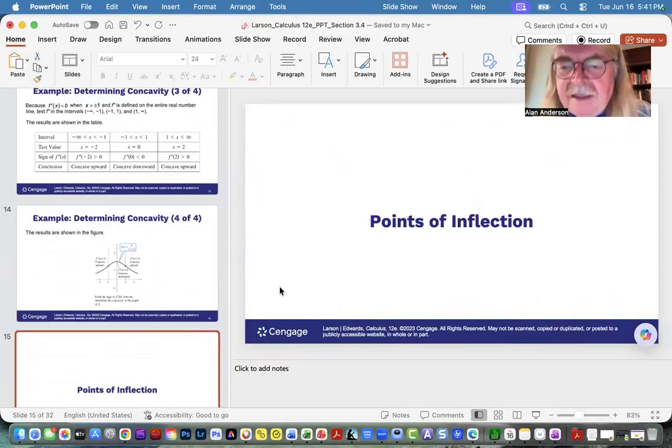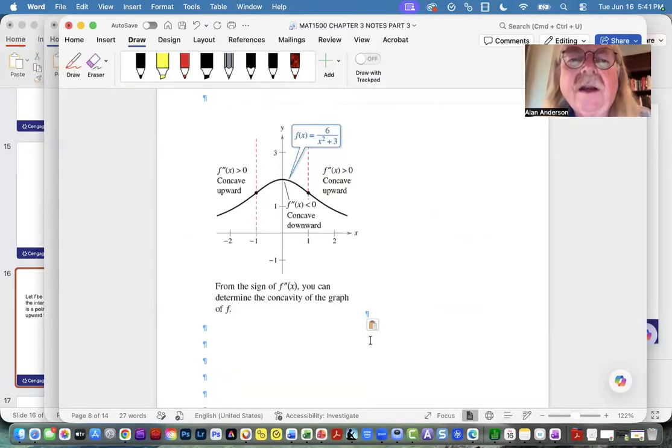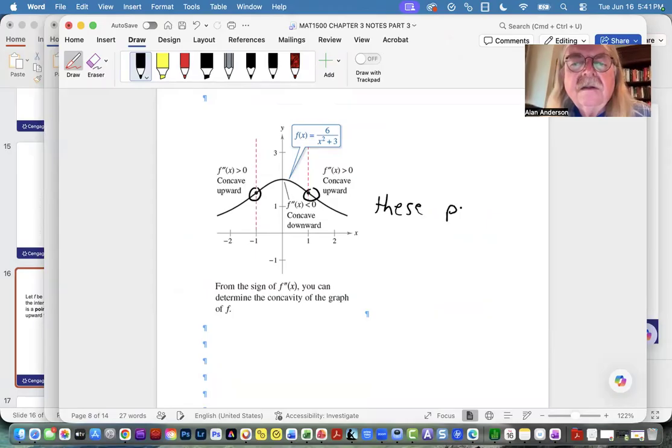Points of inflection. Isn't that interesting? More terminology. Well, what happens is the points of inflection are the points where the concavity changes. Here it goes from up to down and down to up. So these points are known as inflection points.